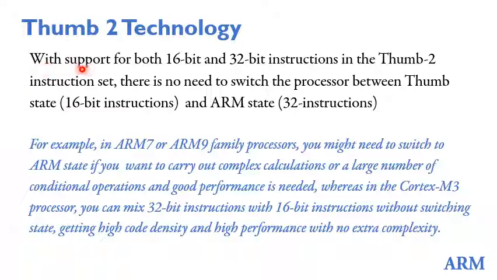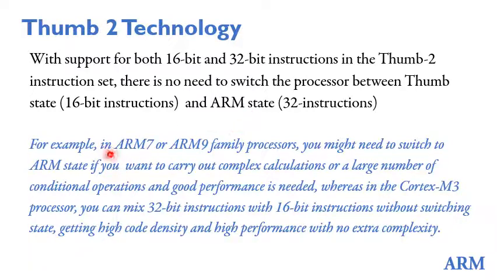So, with the support for both 16-bit and 32-bit instructions in the Thumb-2 instruction set, there is no need to switch the processor between thumb state and ARM state. This is what I have been telling. In the earlier ARM processors, there was a need to switch from one state to the other, which is avoided in this Thumb-2 technology, that is from Cortex-M processors onwards.